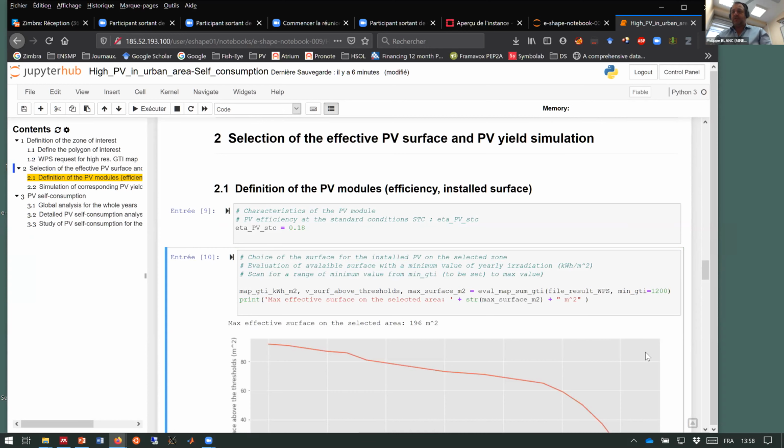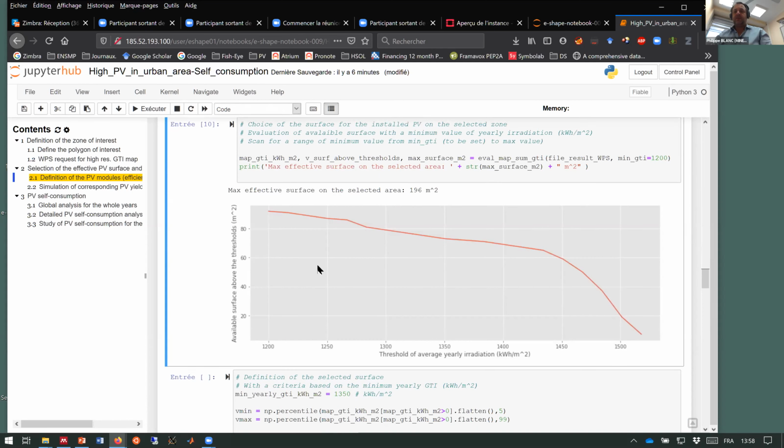So with this computation, you can look at the results, and for different thresholds of the yearly irradiation, here starting at 100, 1,200, and up to the maximum value, you get a curve here indicating the amount of PV system in square meter you can get for a certain minimum level of yearly irradiation.